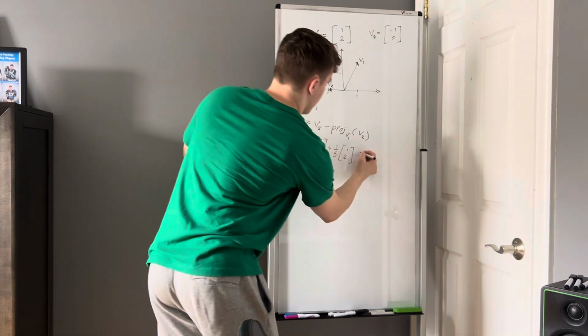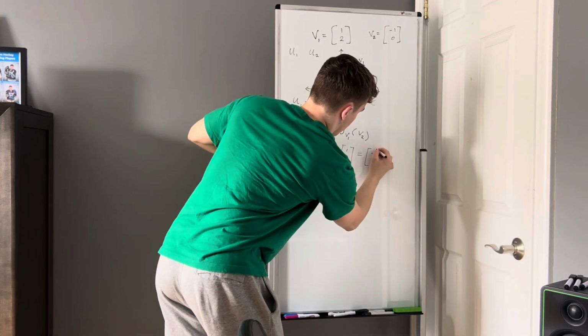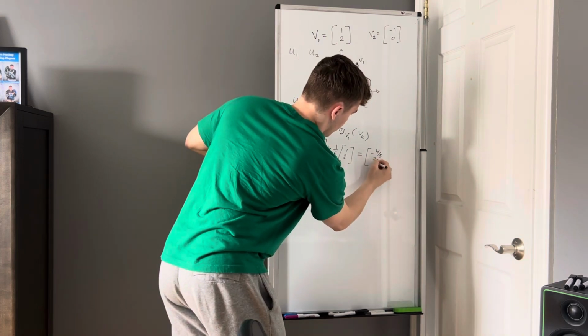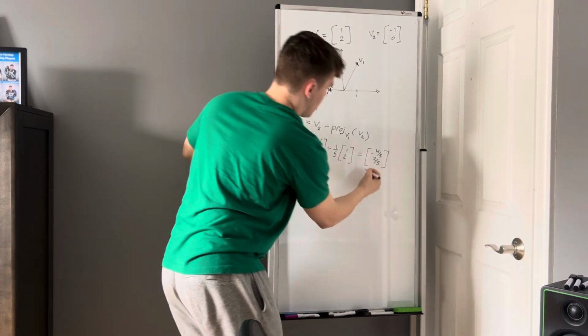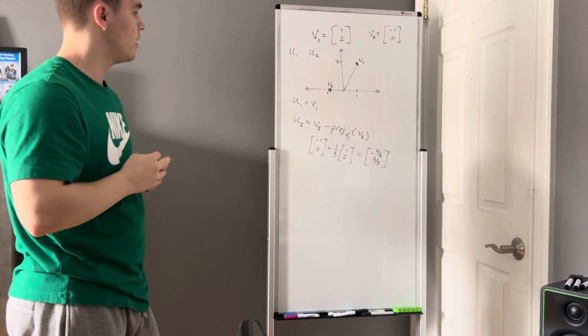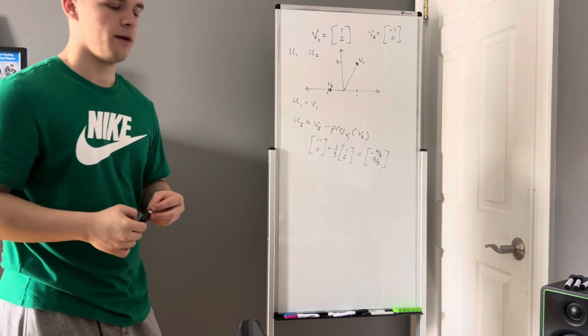And what we're going to get is negative 4 over 5 and 2 over 5. And so that's our orthogonal basis. Okay, beautiful. These vectors are now orthogonal.